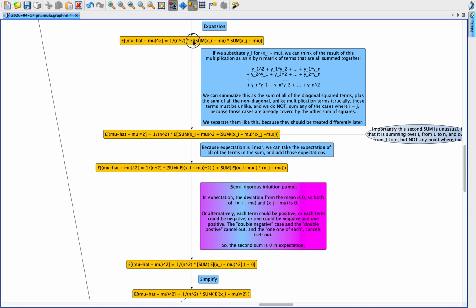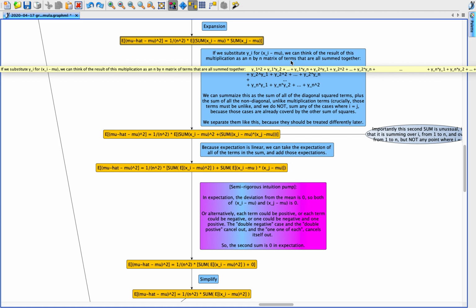Specifically, this multiplication. Right, so for every term, this becomes yi times yj. This becomes the sum of yi times the sum of yj.